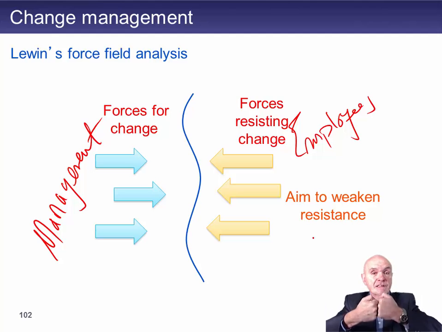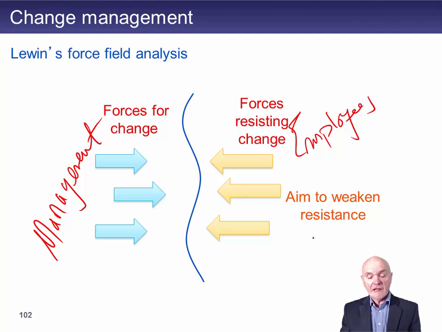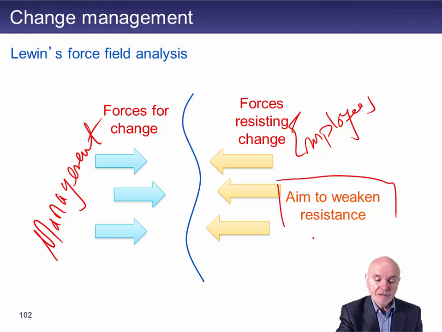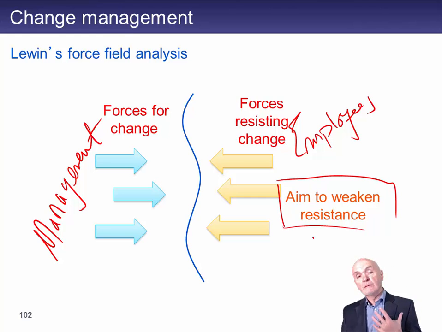And even after these strikes are settled, there can still be a feeling of unfairness, certainly bad feeling can linger. And the whole thing is very disruptive to the organization. So what Lewin said was, rather than trying to go head to head, be very macho about it, what you should do as management is to aim to weaken the resistance to change.